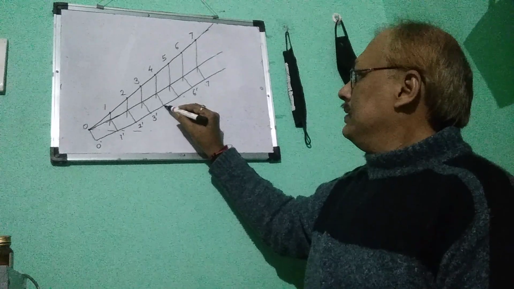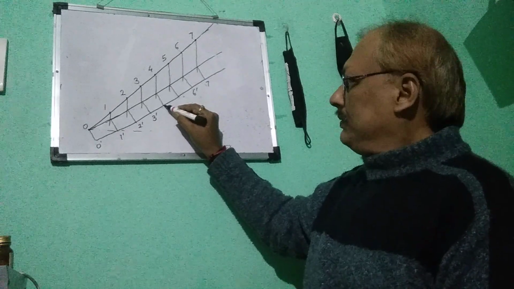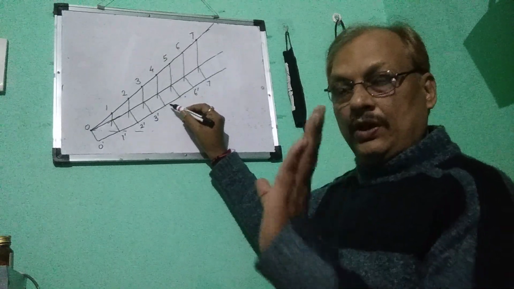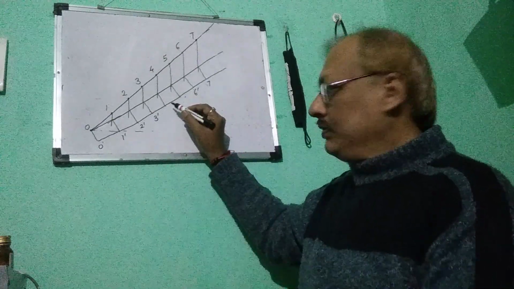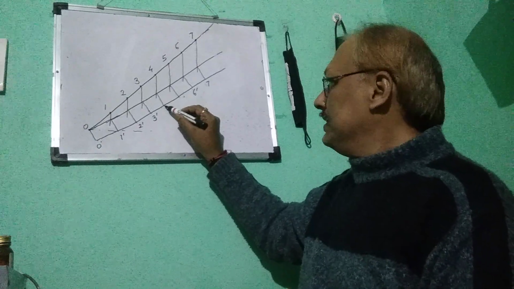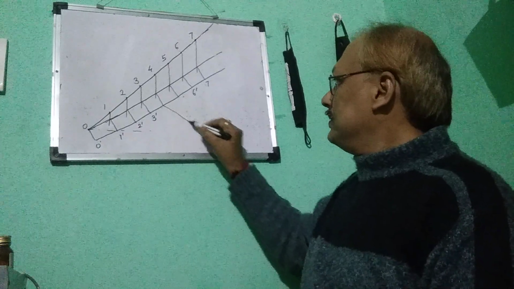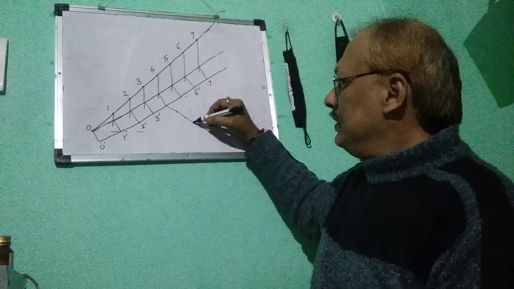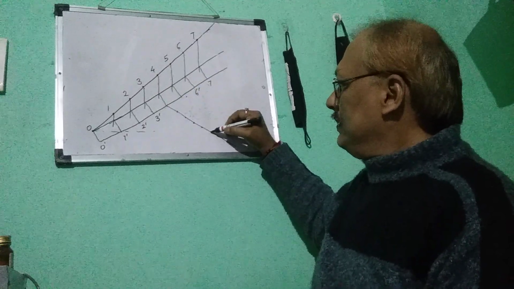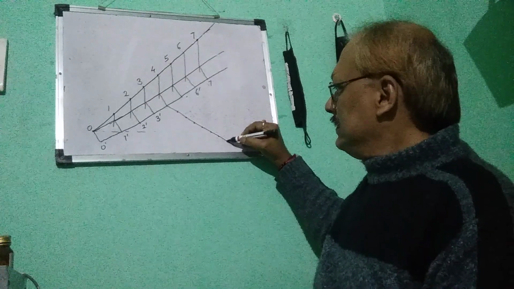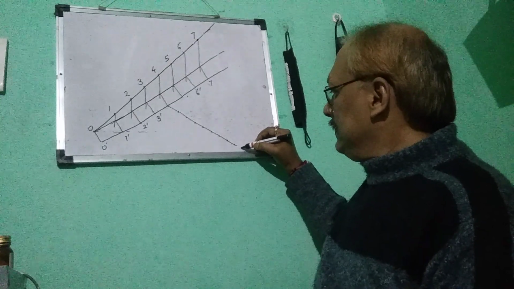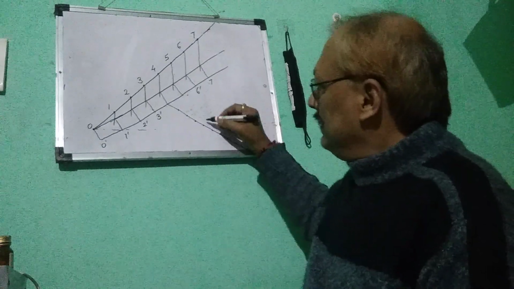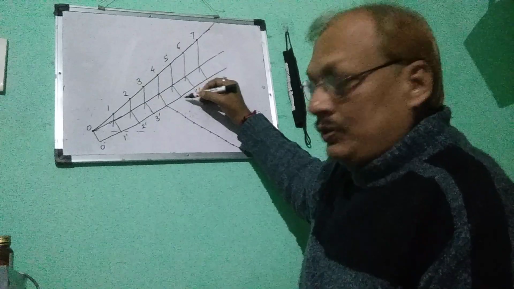Now from here and here, you draw two lines. One line you take off any scale, 10 centimeters or whatever, 10 inches. Here 10 centimeters I put 1, 2, 3, 4, 5, 6, 7, 8, 9, and this is suppose 10. Now this one also you join.